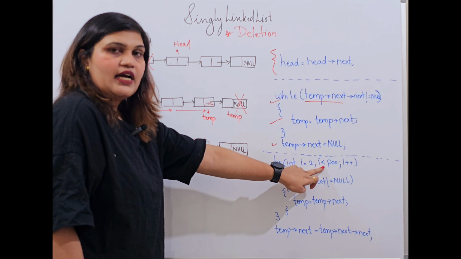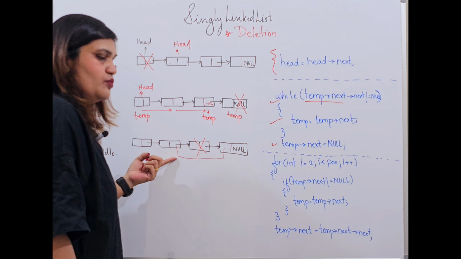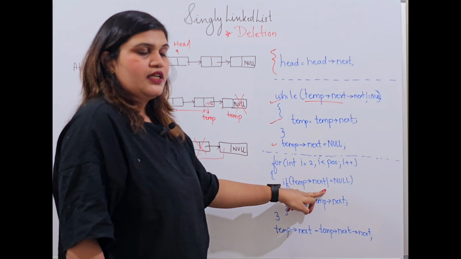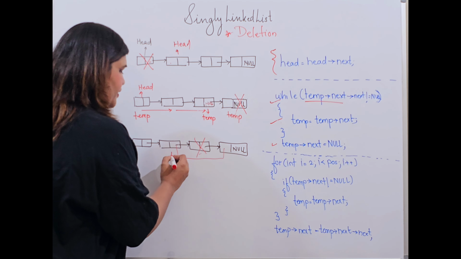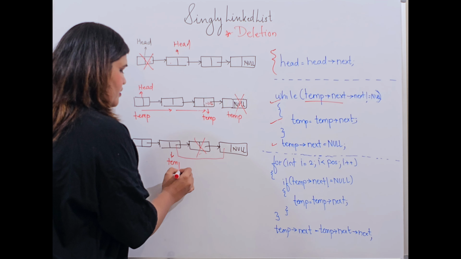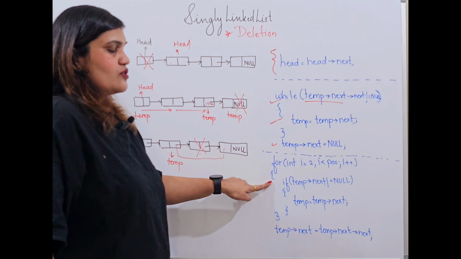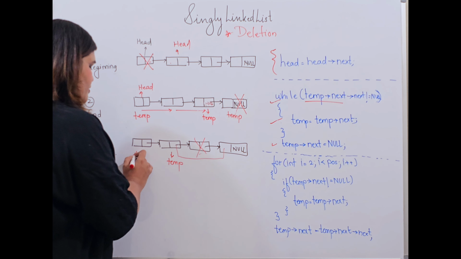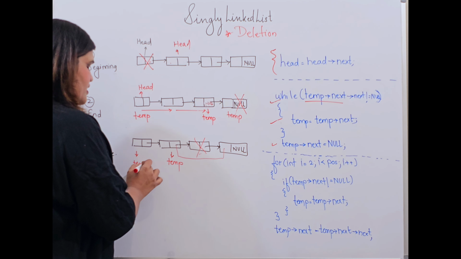That is what I'm doing over here. Travel till the position: i is less than position, so less than position, till here. After that, if temp to next is not equal to null, now your temp is pointing here, right? Temp to next is not equal to null, I need to keep on moving. That is what I'm doing. My temp will point here. It will check, is it null?